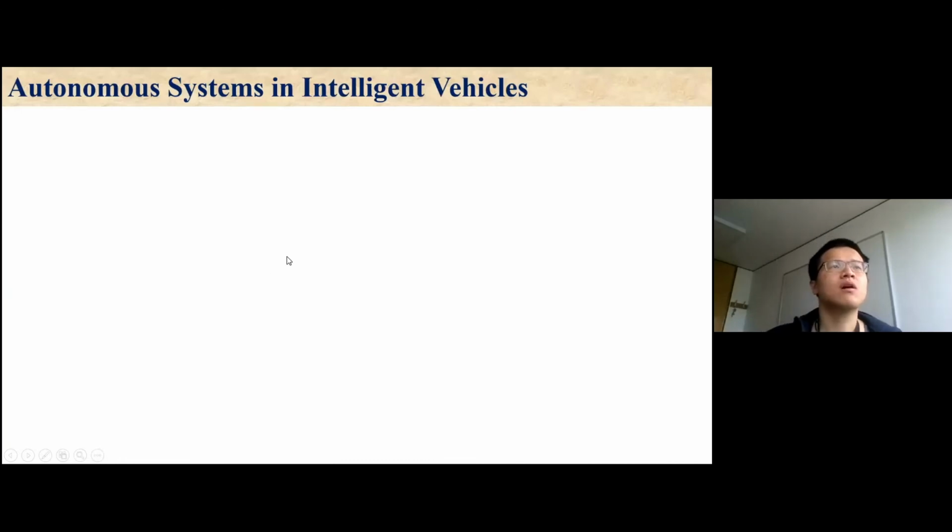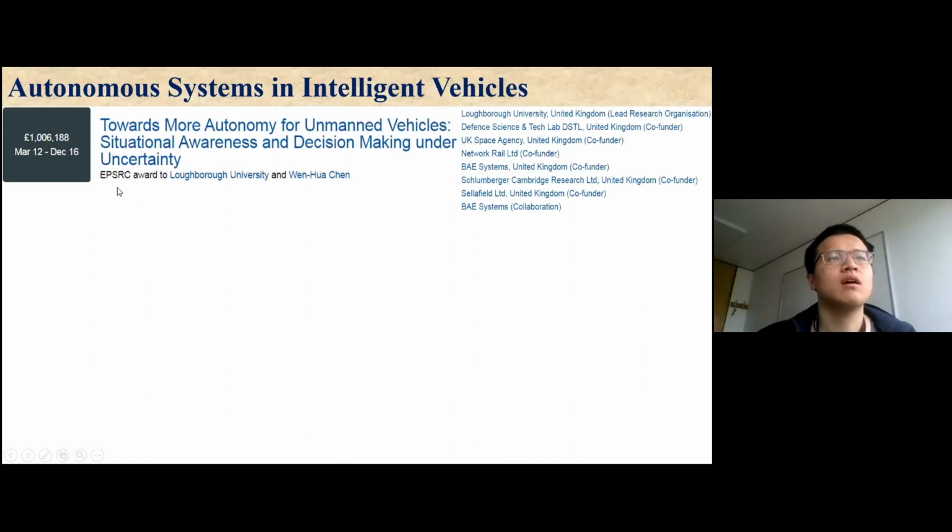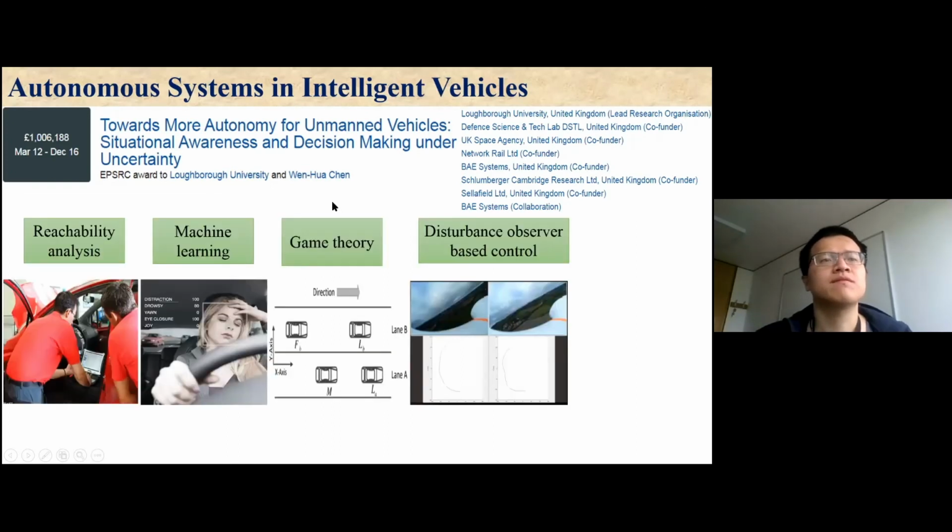So the second example of an autonomous system is the intelligent vehicle, funded by a 1 million EPSRC project, led by Loughborough University. We have developed a number of functions for intelligent vehicles, such as a system using analytical redundancy to monitor the status of sensors and actuators.